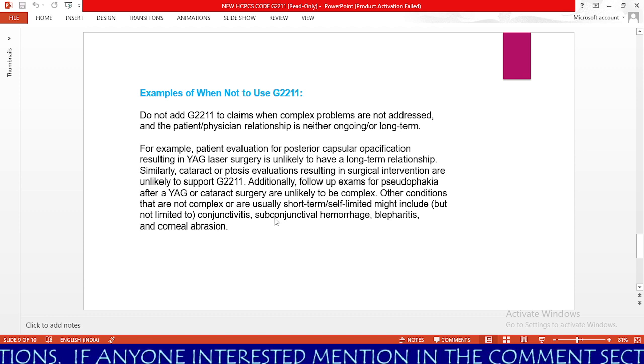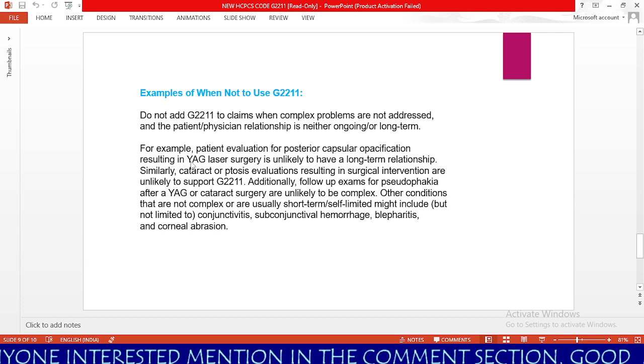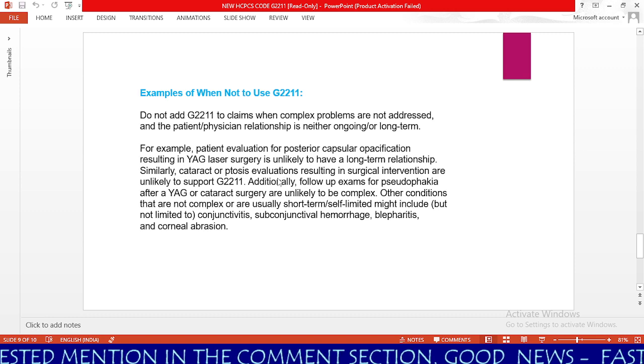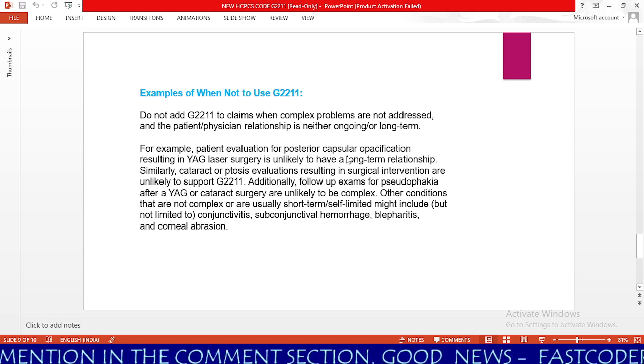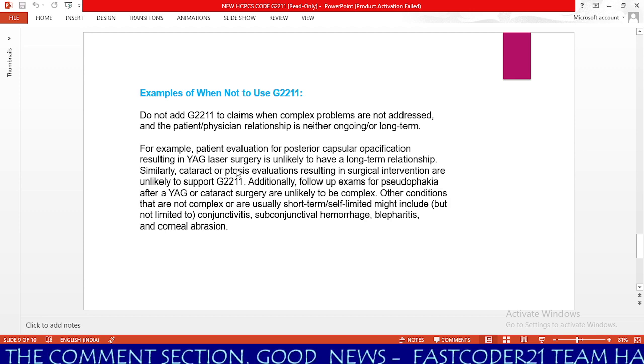For example, a patient's evaluation for posterior capsular opacification resulting in YAG laser surgery is unlikely to have a long-term relationship. Here the patient has capsular opacification and the physician is performing YAG laser surgery.